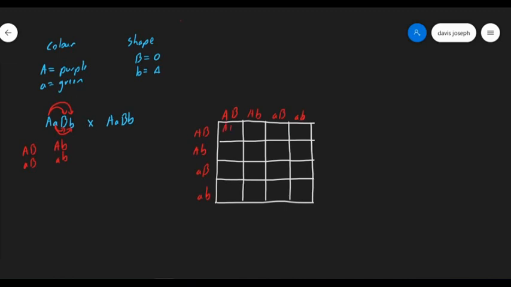So capital A, capital B, capital B, capital B, capital A, capital A. Oh, I made a mistake. Let's just go back a bit. So this is going to be capital A, big B, big B, big A, big A, big B, little b, big A, little a, and big B, big B, and big A, little a, big B, little b.